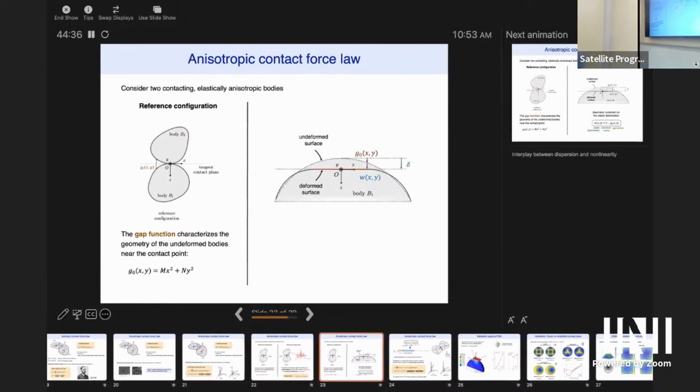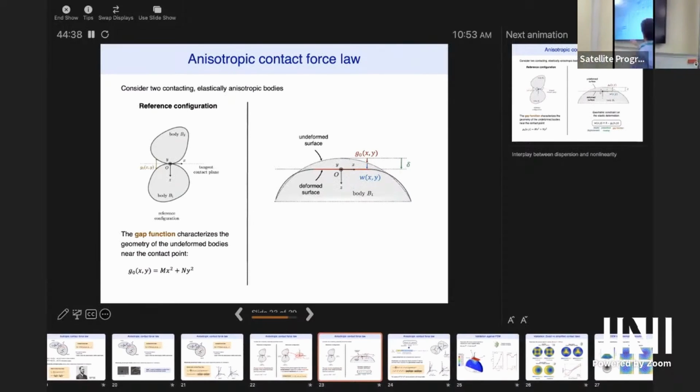So let's just talk about kinematics for a moment. Just to make things easy, let's suppose you had just a flat rigid surface and you're compressing down on this lumpy anisotropic elastic thing. So here's the rigid surface, and then I move it straight down to get some contact displacement, so-called delta.